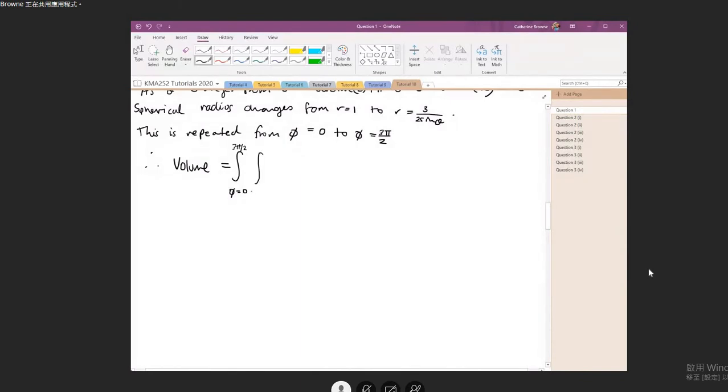We're going to go theta from minus arctan 2 plus pi to arctan the square root of 2. And then we're going to go r is equal to 1 to 3 on 2 sine theta. And then we've got just in spherical coordinates, that volume element dV.